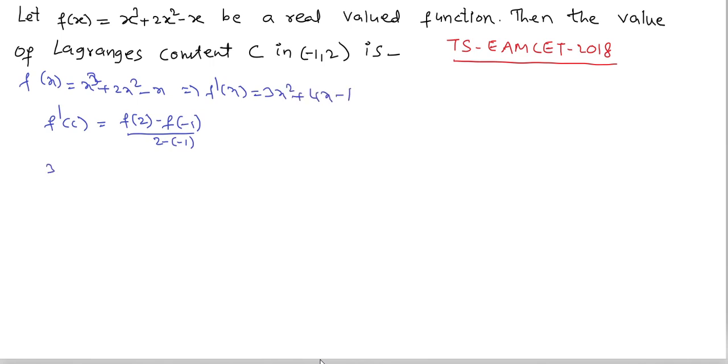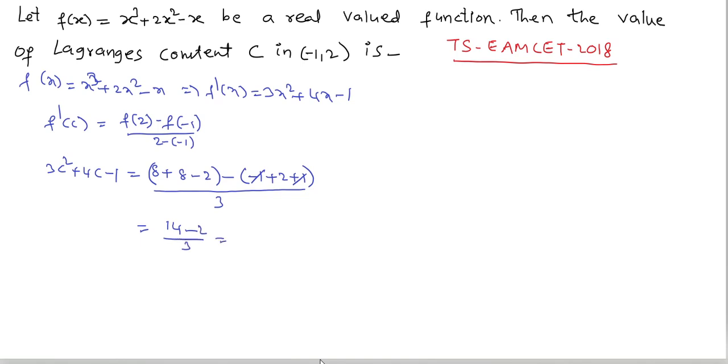So f dash c is 3c square plus 4c minus 1, equal to f of 2, that is 2 cube 8 plus 8 minus 2, minus f of minus 1, that is minus 1 plus 2 plus 1, by 2 plus 1, that is 3. 8 plus 8 is 16, 16 minus 1 gives 15 by 3, that is 5. So 3c square plus 4c minus 5 is equal to 0. This is the equation. Now we find the value.